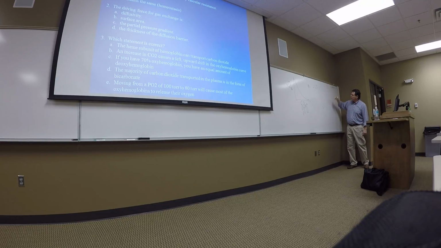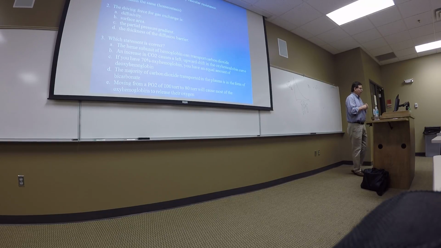If you have a right downward shift, does that mean there's an increased affinity for oxygen by hemoglobin or a decreased affinity? Decreased affinity. It's more likely to release. All of these are present during increased metabolic activity. And when you have an increased metabolic activity, you want the hemoglobin to release the oxygen here. So that one doesn't look so good.